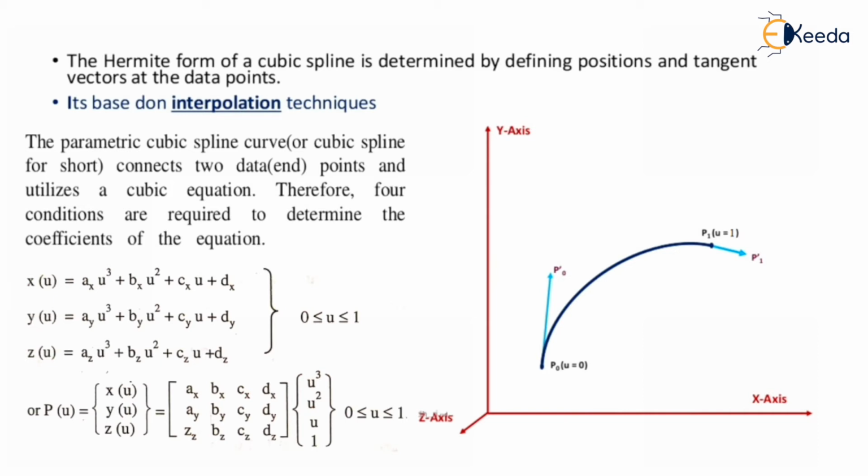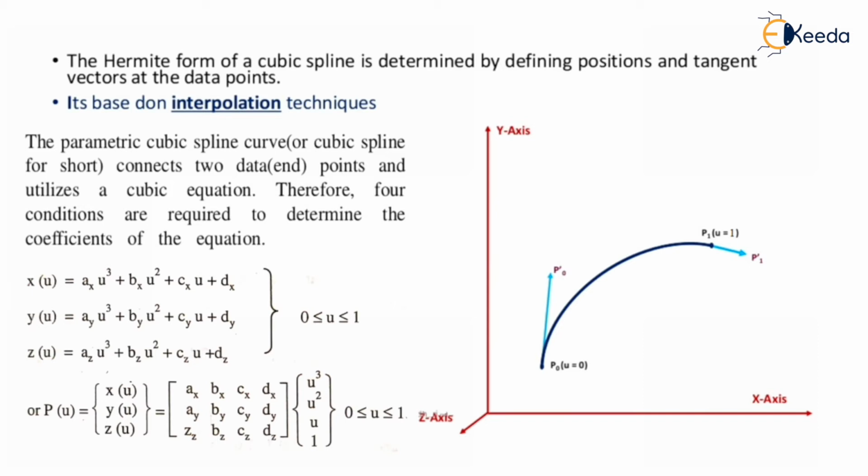x of u is ax u cube plus bx u square plus cx u plus dx. y of u is ay u cube plus by u square plus cy u plus dy. z of u is az u cube plus bz u square plus cz u plus dz, and u lies between 0 to 1, as shown in the figure.